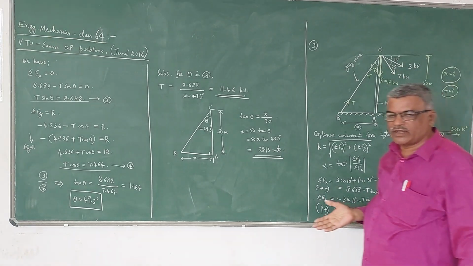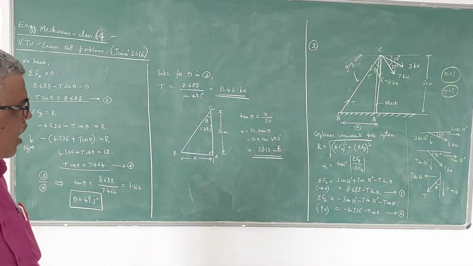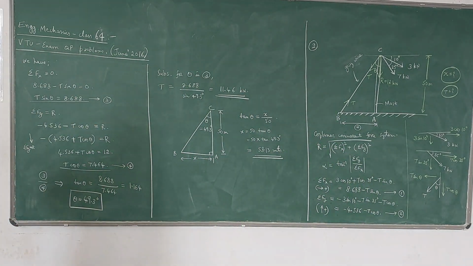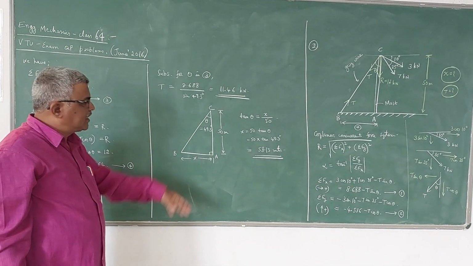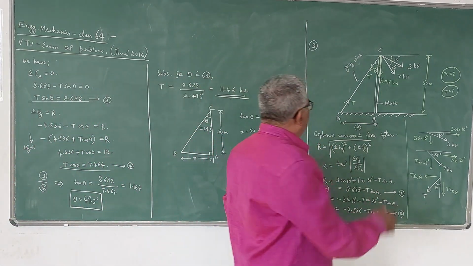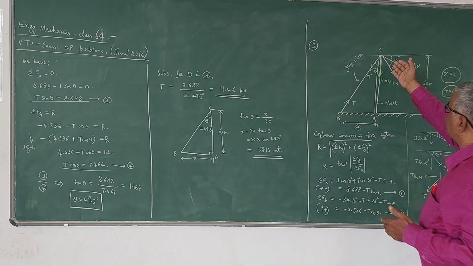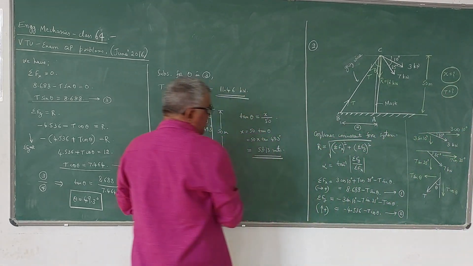Write down sigma Fx and sigma Fy, equate sigma Fx to 0 and sigma Fy to R, and then solve the trigonometric equations to get the unknowns T and theta. Then using the trigonometric ratio for this triangle ABC, we can get the value of x. So this is how we have to solve the problem.